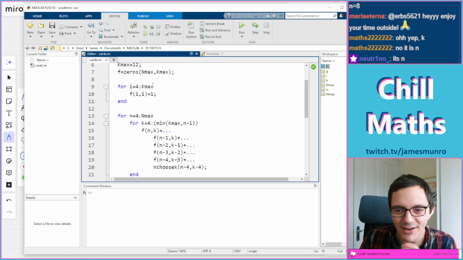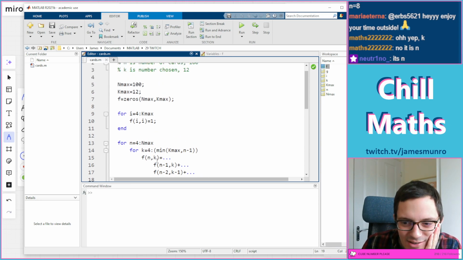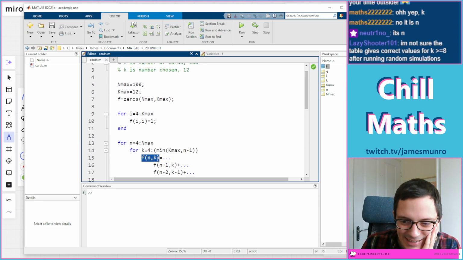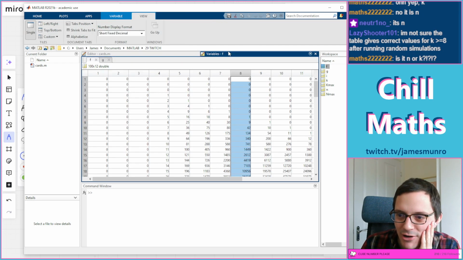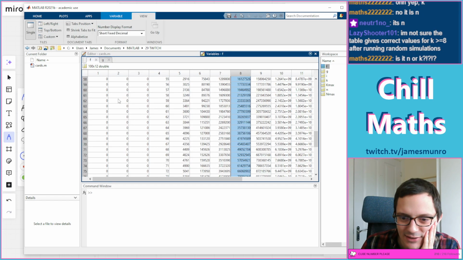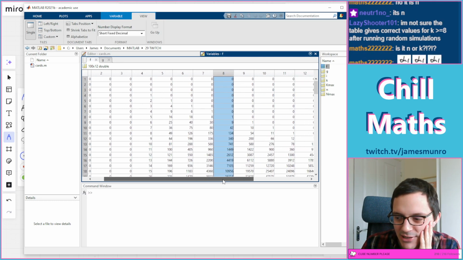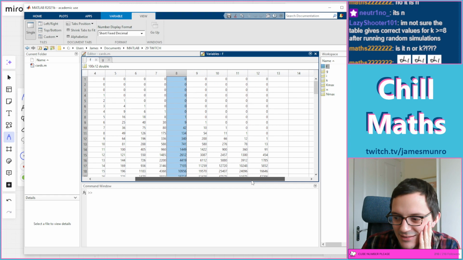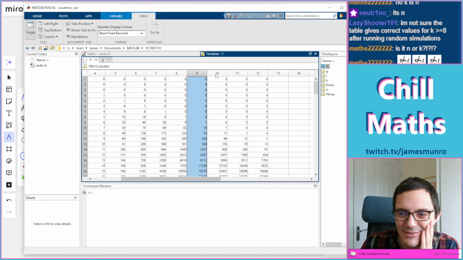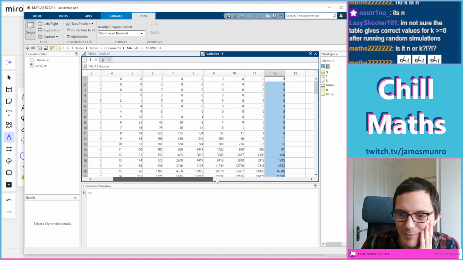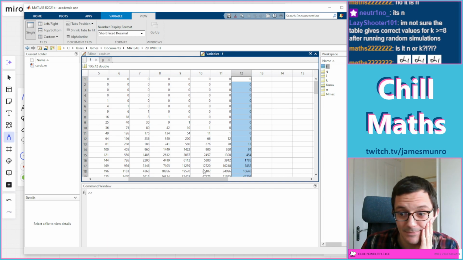Right, hang on. I think I've coded this up so that my function is f of n, k like this. It has 100 rows. There they are. And only 12 columns. So I think this way is how many cards you're picking. And we run into trouble if you're picking lots of cards.